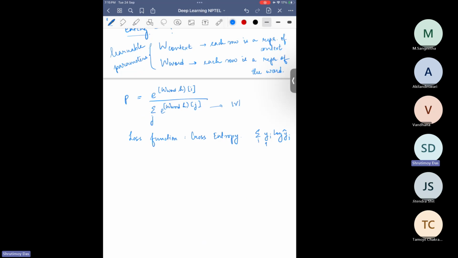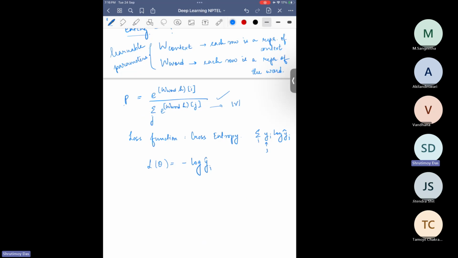So basically in this case, your loss function for the parameters is minus log of yi hat, and your yi hat is the softmax distribution that we computed here.